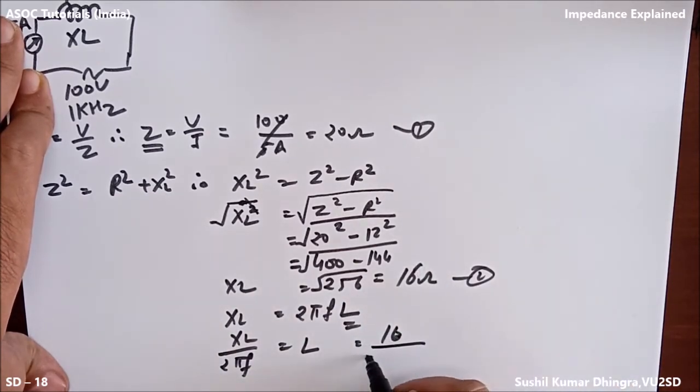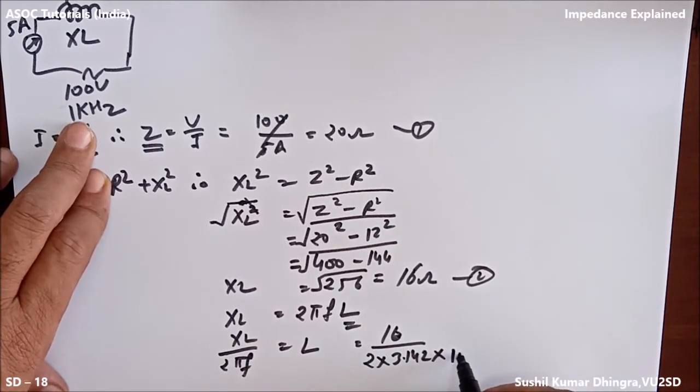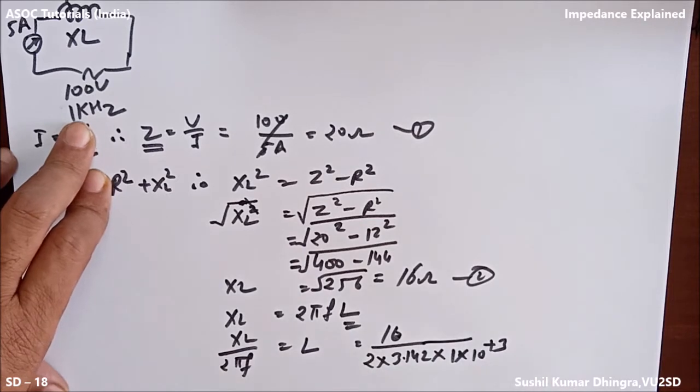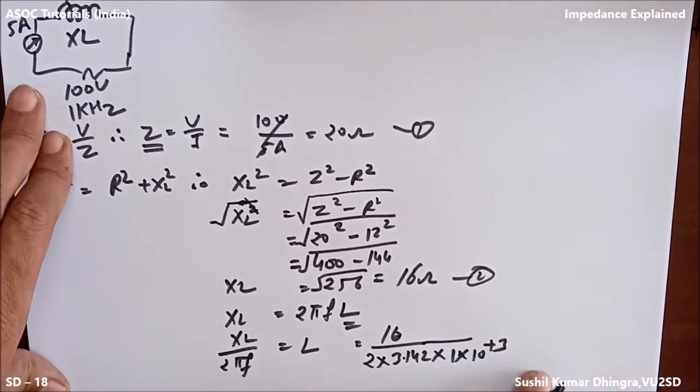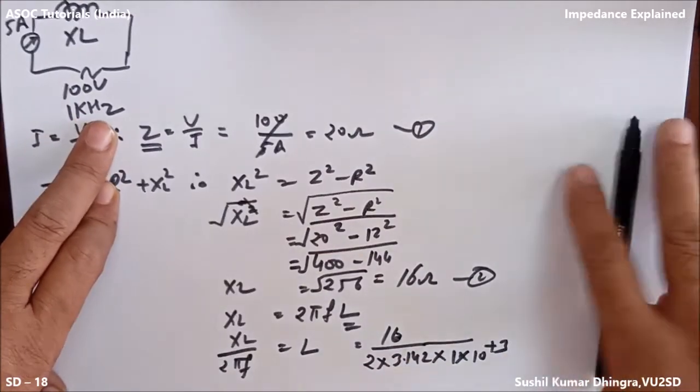And 2 pi f is 2 into 3.142 into f, 1 kilohertz, 1 into 10 raised to the power 3. Now I think it is easy for you to go straight away, 1 kilohertz is 10 raised to power 3, or you can take 1000.